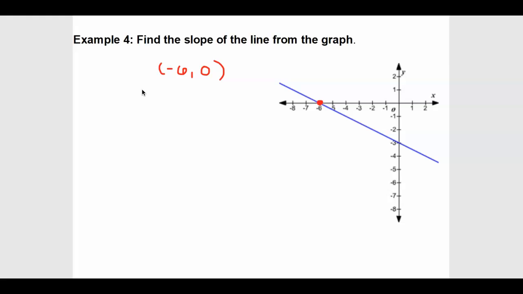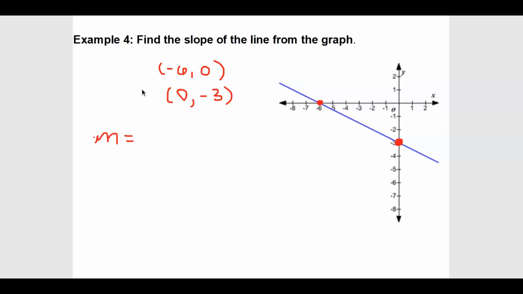And then I can also see that the graph goes through this point over here, where x is 0 and y is -3. So I identify the points on the graph, and then I just use my slope formula.